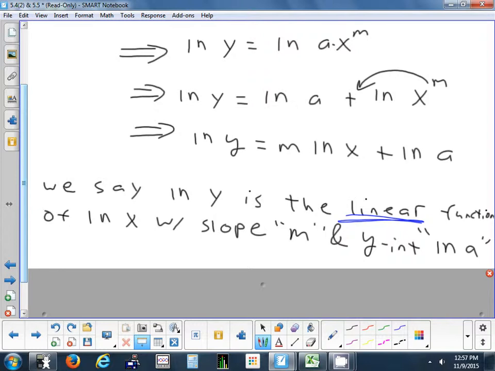It all has to do with this end result. We got something that looks like y equals mx plus b. So when we try to decide if we should use this method, it's going to have to do with looking for a line, or graphing something and looking for a line.